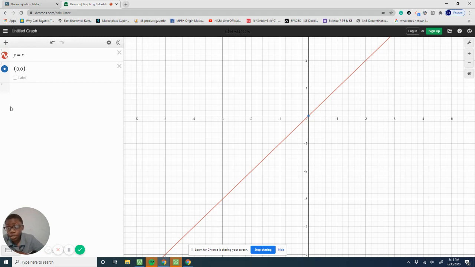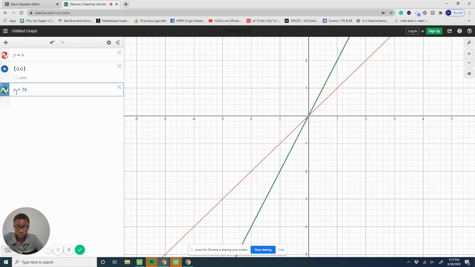Now let me show you another proportional equation, y equals 2x. See the difference? Y equals x is red and y equals 2x is green. Same exact concept. When the x moves 1, the y goes up 2. Every time the x moves 1, the y moves up another 2. That's the constant rate.